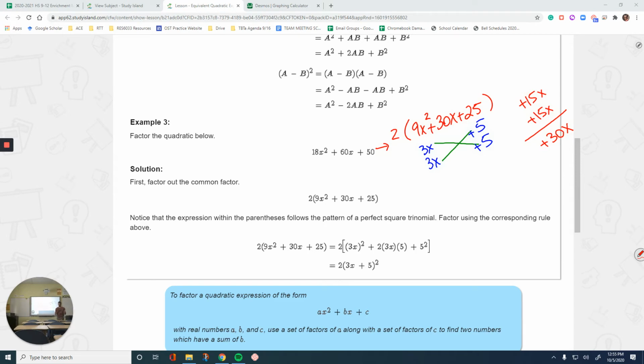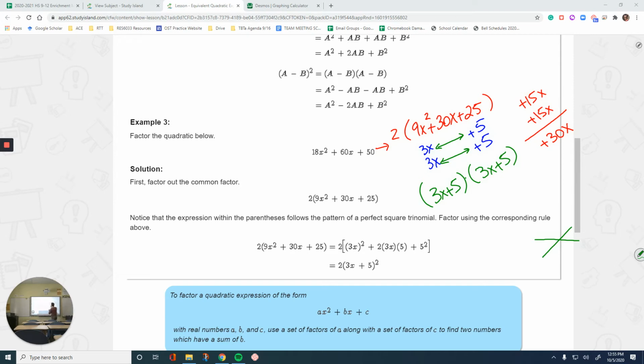If I pair up the first line like this, and then put them next to each other as my final answer, 3x and plus 5 sit next to each other, and then put your second line together, 3x plus 5. These are the factors, and factors are multiplied together to give you your original expression.